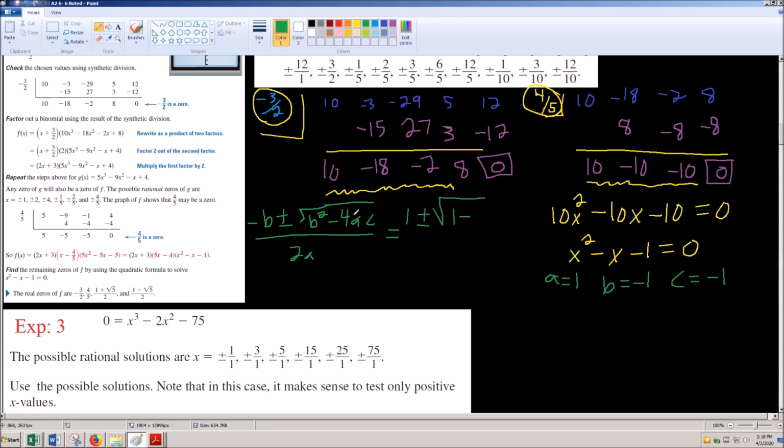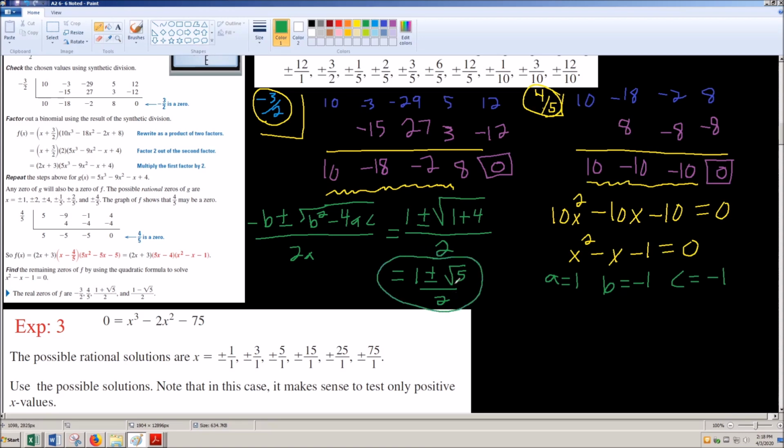I have 4 times, and then I have 1 times -1, so it's going to end up being plus 4, all divided by, now here I'm going to just get 2 times 1, which is 2. I'm going to simplify this, and I'm going to leave it as 1 plus or minus the square root of 5 over 2. Again, not nice zeros, but these are my other two zeros.